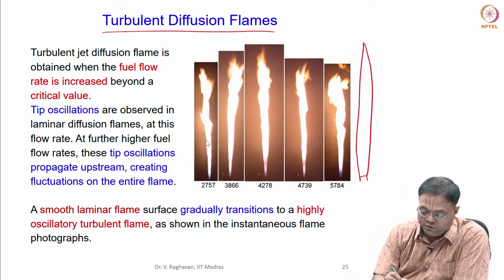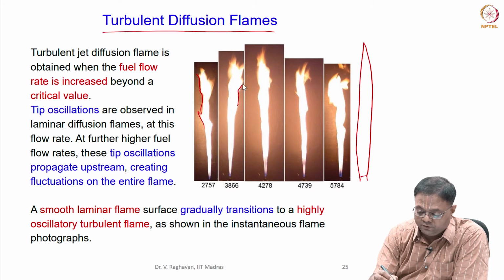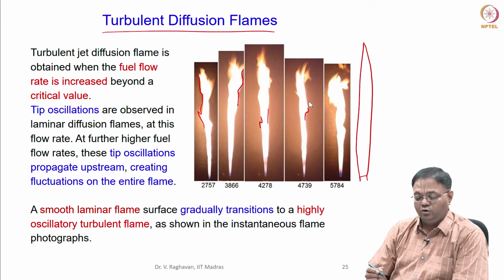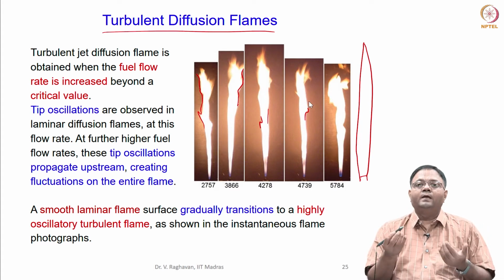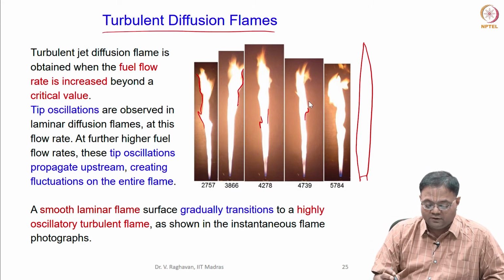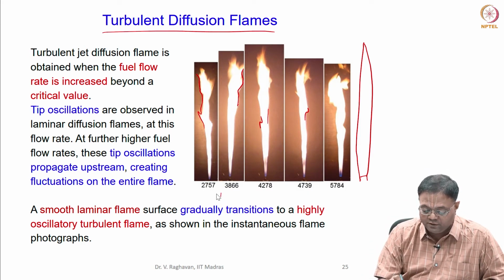Now, you can see the oscillations in the flame surface, and everywhere you can see oscillations and other things, correct. So, the surface is now having a lot of fluctuations. Please understand, these are all instantaneous images.